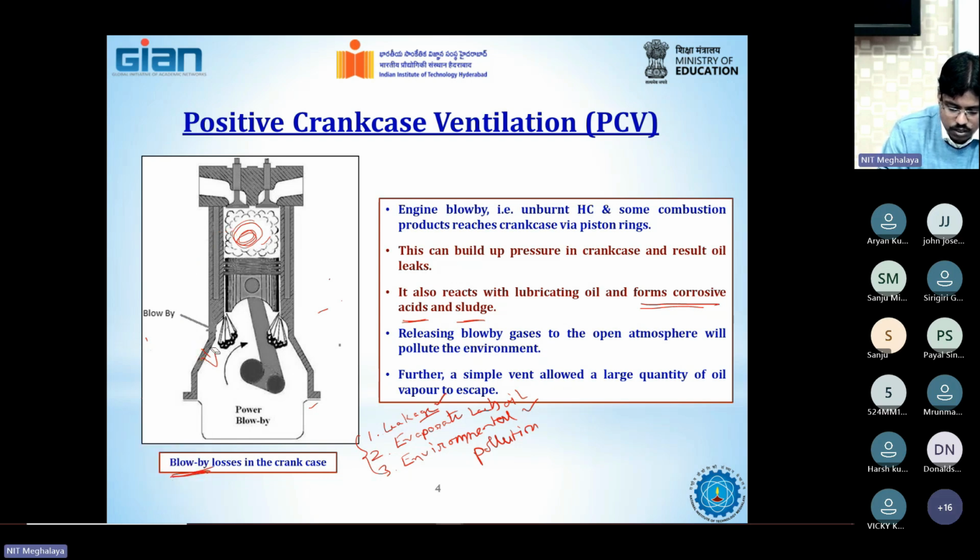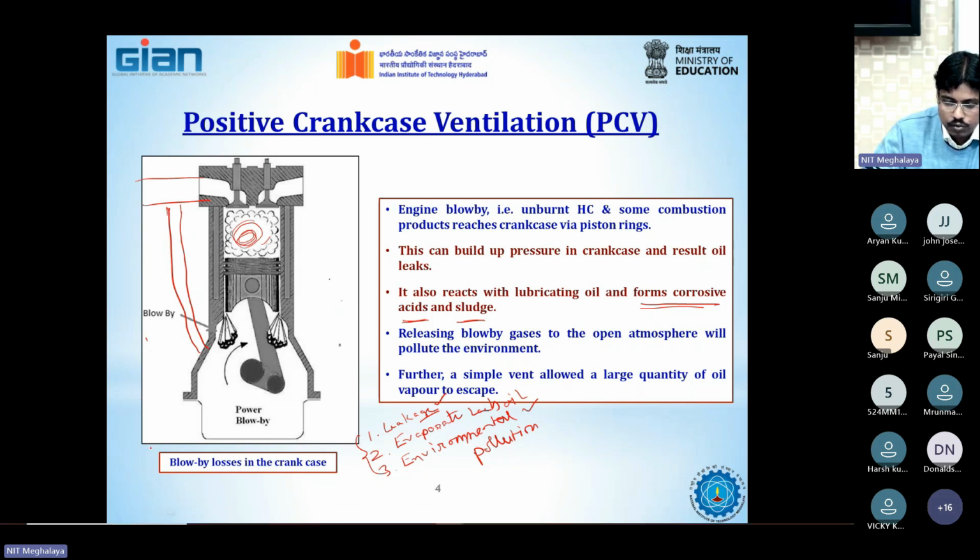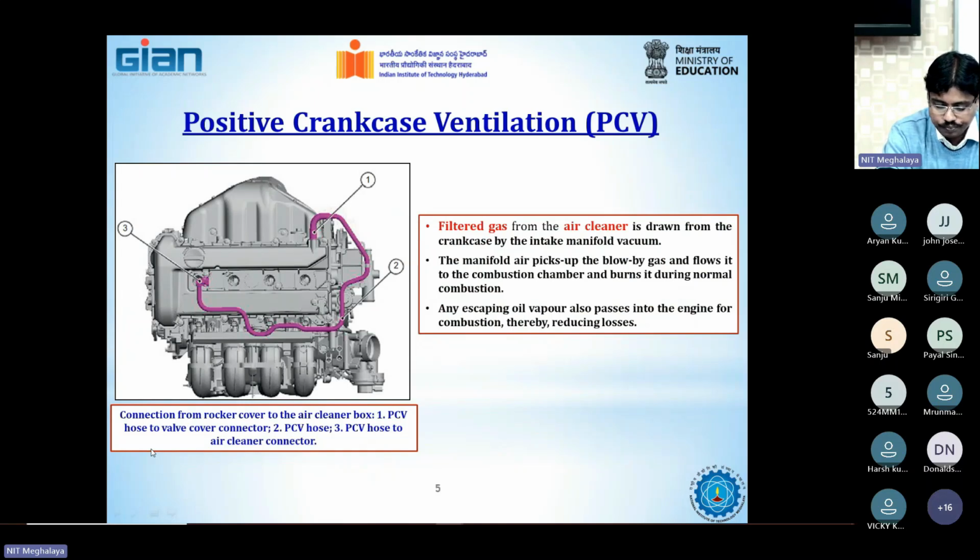The solution, which is currently being used nowadays, is called positive crankcase ventilation, connecting this particular crankcase line into the intake manifold. So connect the crankcase with the help of a pipe into the intake manifold. That is basically the solution, and we are going to discuss that in the next slide.